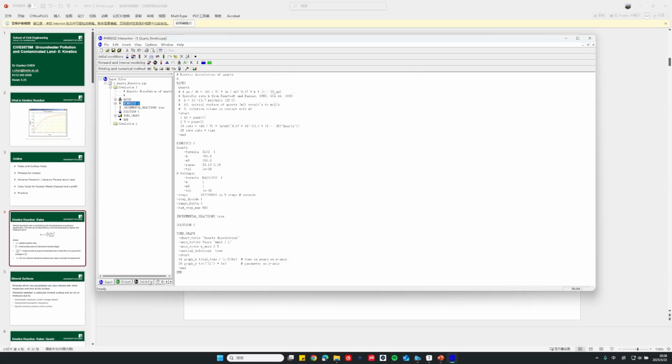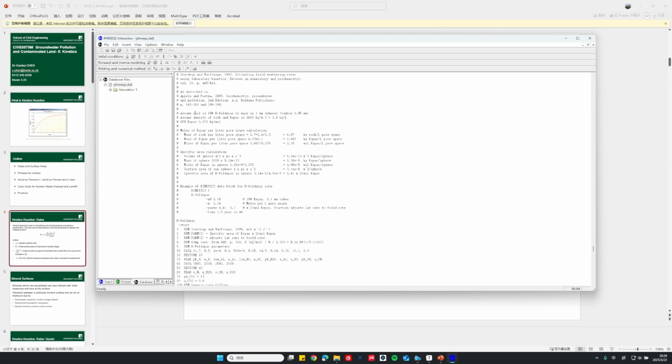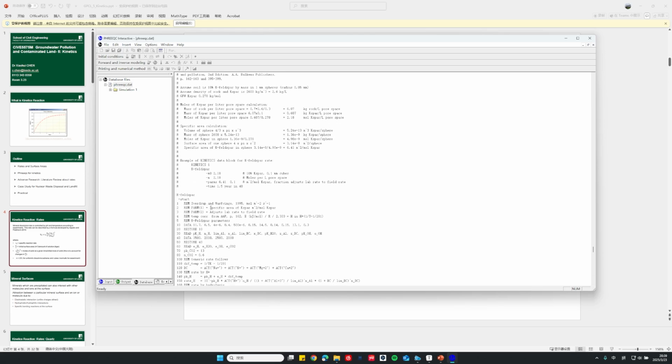Is that clear? Okay, so here in the database, we can find, just as the statement says, parameter 1, the specific surface area, and parameter 2, which adjusts the lab rate to the field rate.